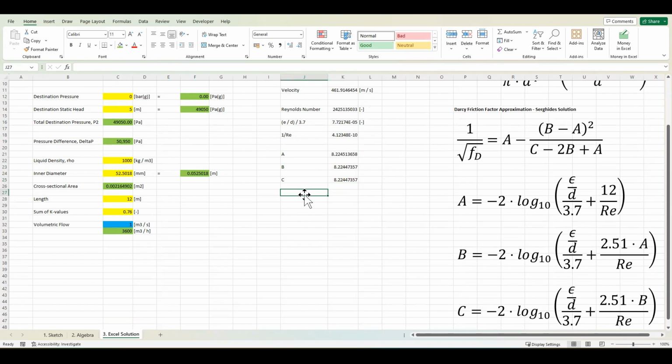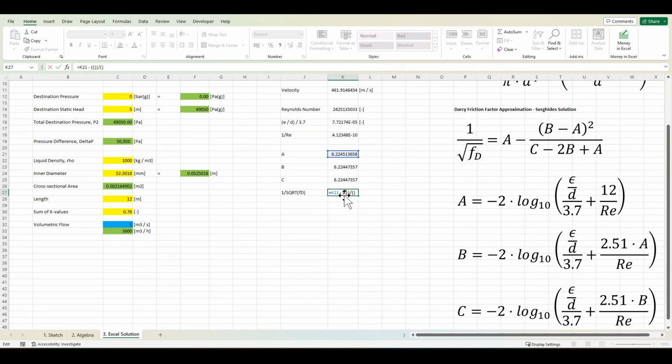Now we put all those together to give us 1 over the square root of FD, like that. And that's equal to A, subtract, now I'm going to do brackets there over brackets there. This is a little trick I like to do with Excel when you're doing complicated formulas, just try and make it easier to write stuff in.